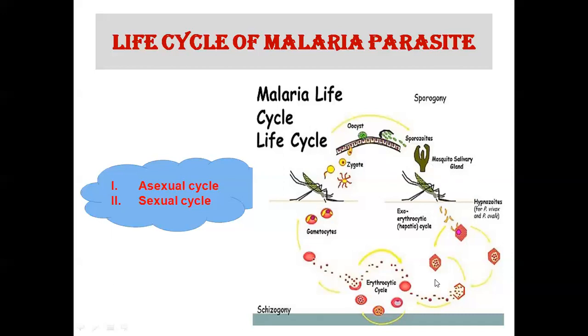So when a normal mosquito bites this infected person, it also takes up gametocytes. In the erythrocytic cycle, when the red blood cells rupture, gametocytes are formed, and the mosquito sucks up these gametocytes, which are converted into a zygote, and then into oocysts. These oocysts form sporozoites, and this sporozoite again enters a person through a mosquito.